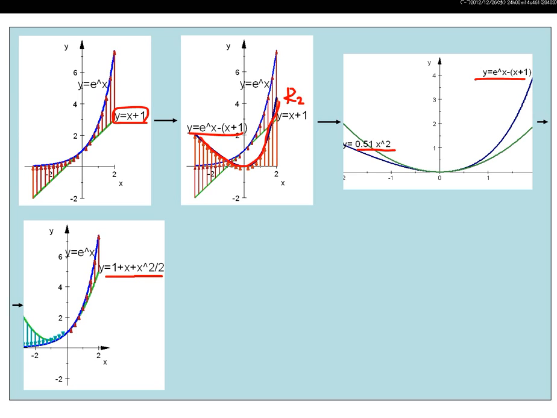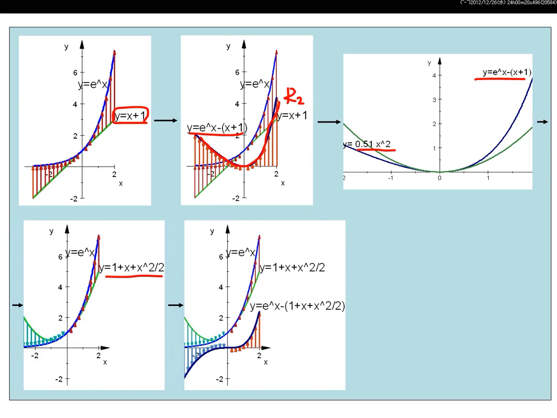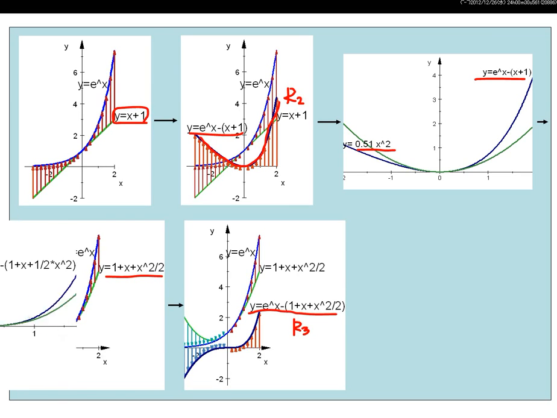And again, we subtract this second approximation from y equal fx. Then I get this R3x, the third remainder. And we compare this with ax cubed.